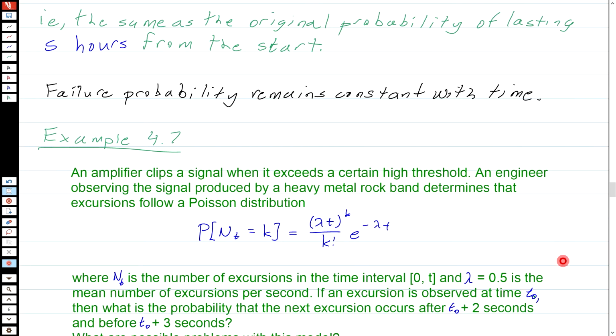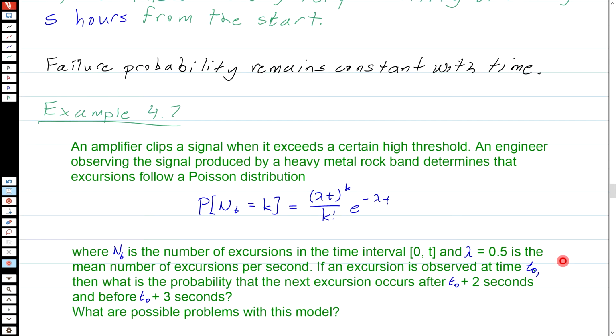So another example we could look at: let's suppose an amplifier clips a signal when it exceeds a certain high threshold. An engineer observing this signal produced by a heavy metal rock band determines that excursions follow a Poisson distribution.